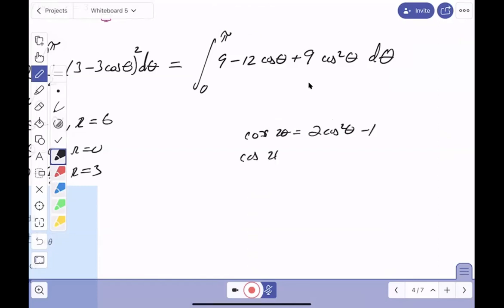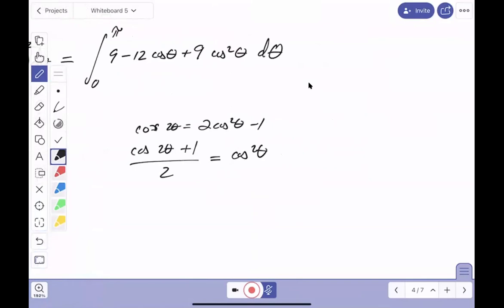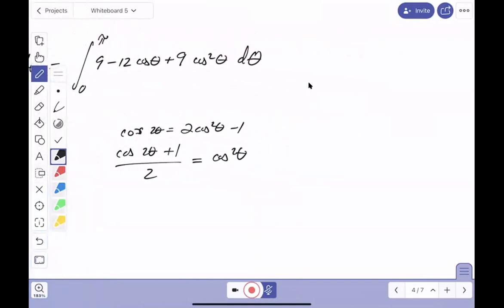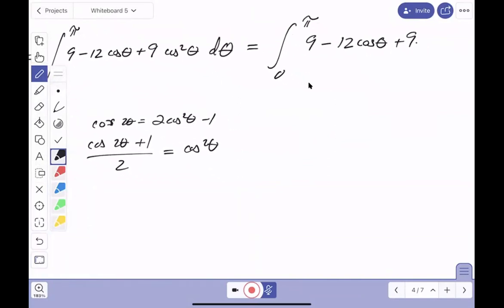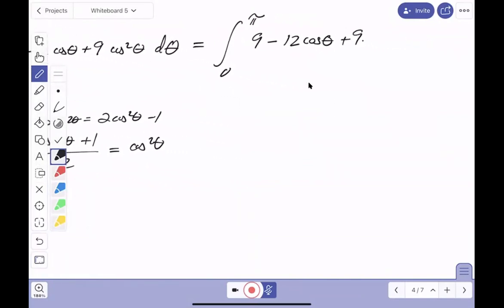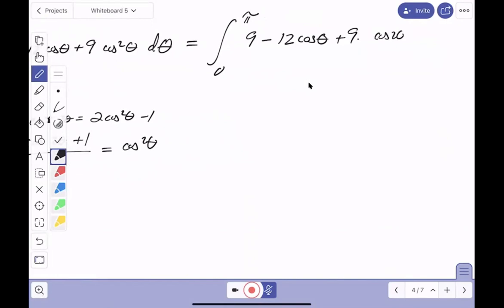So cosine 2 theta plus 1 over 2 is going to be the same thing as cosine squared theta. So I'm gonna pop that in now. All right. And yeah, it's work. I realize that. It's going to be 0 to pi, 9 minus 12 cosine theta plus 9 times, well, it's going to be cosine 2 theta plus 1 over 2 d theta.